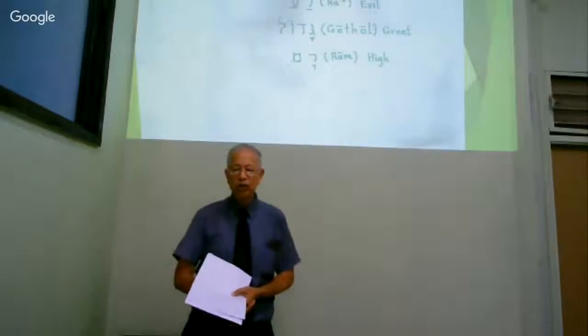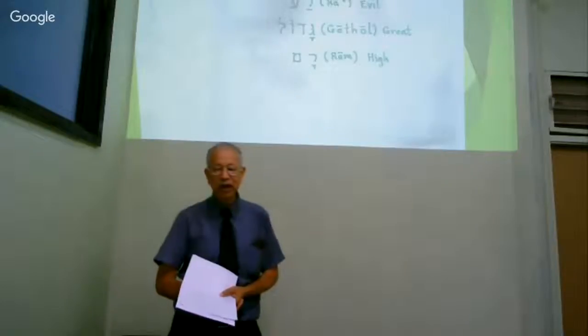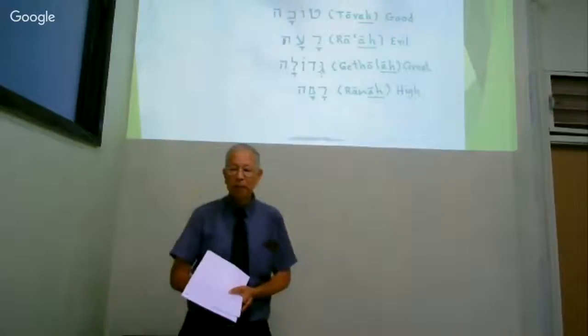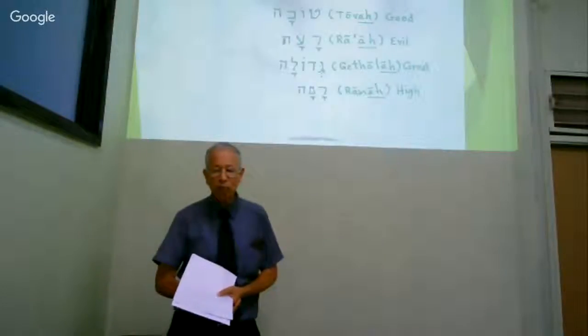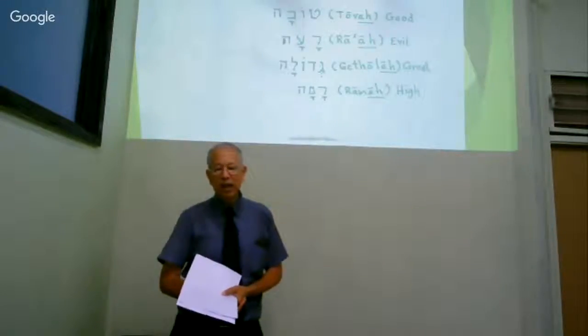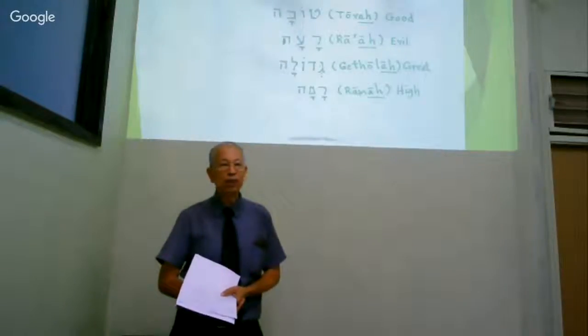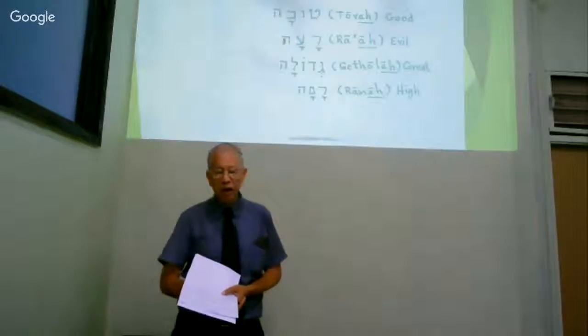Also in adjectives, the masculine singular has no special ending, just like in the masculine singular nouns. But the feminine singular adjective is formed by adding kames he to the masculine singular form. So the feminine is recognized in both the noun and the adjective by adding kames he at the end of the masculine singular noun or the masculine singular adjective.